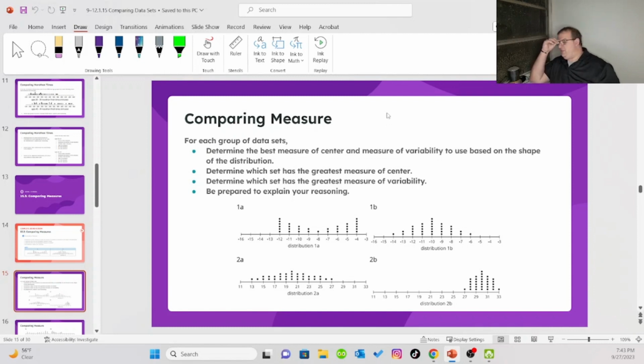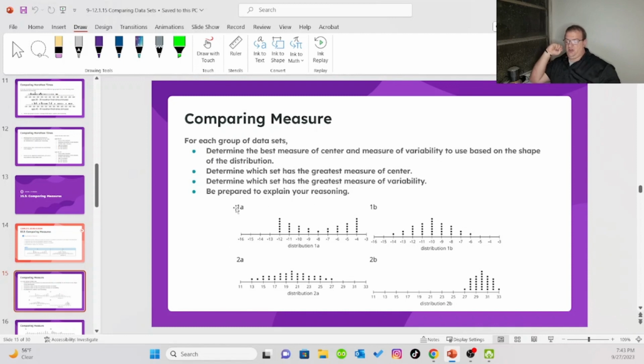For each group of data sets, they want us to determine the best measure of center and measure of variability to use based on the shape of the distribution. They want us to determine which set has the greatest measure of center, determine which set has the greatest measure of variability, and finally, make sure that you're able to explain your reasoning.